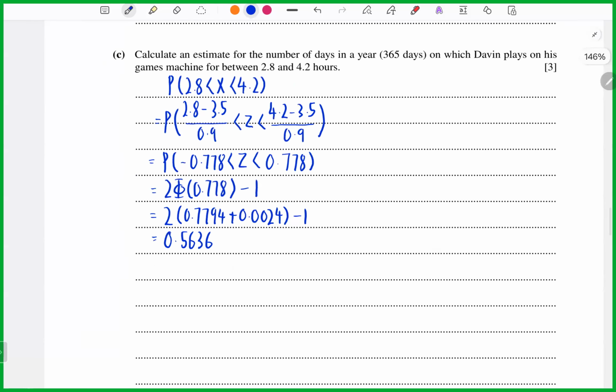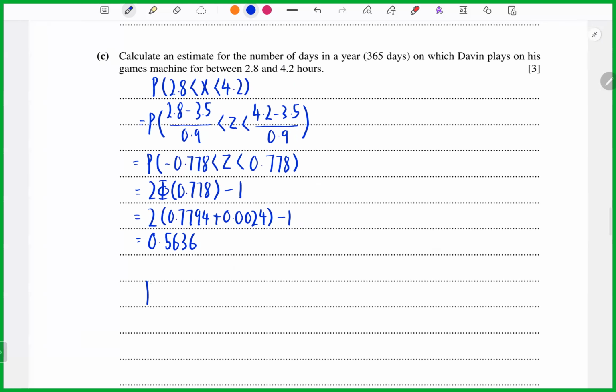Now you can try to find the estimate for the number of days. So you take 0.5636 multiplied by 365 days.